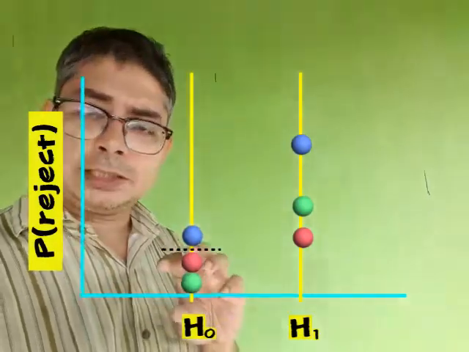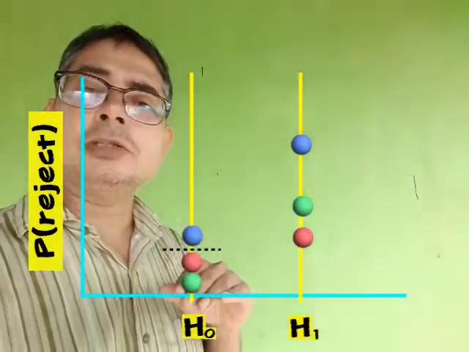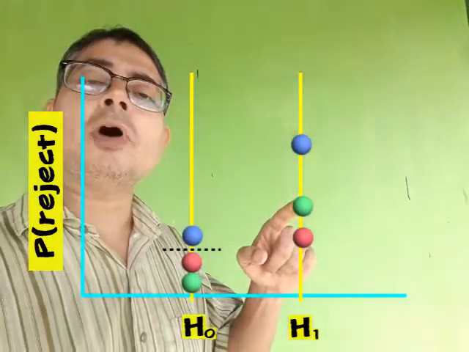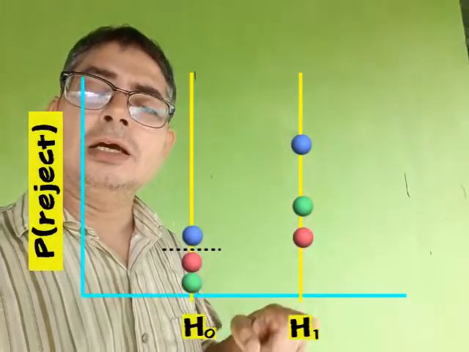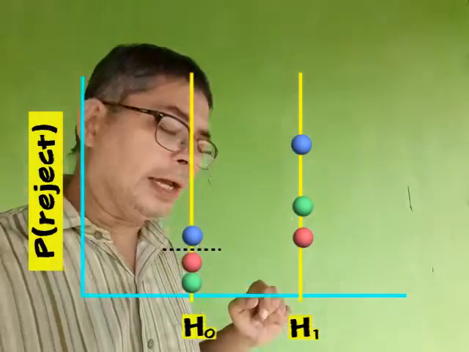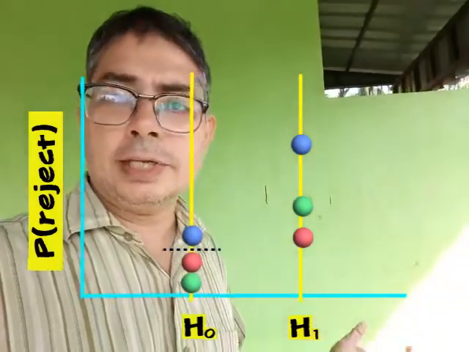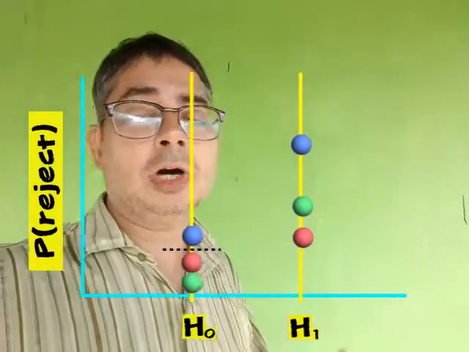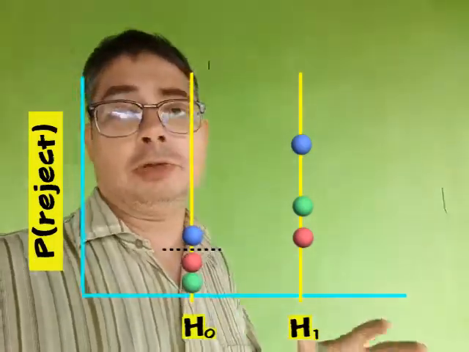Then among all the tests that allow the probability of type 1 error to be below that line, look at the one where the point is the highest possible. In this case, it is the green test, and you go for the green test, and that we call the most powerful test of this particular level. This is what we have already seen in our last video. It was just a recap.